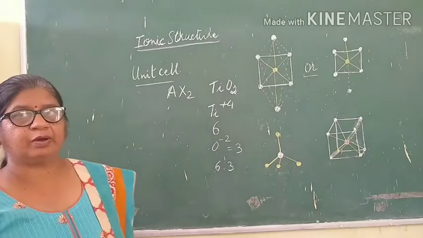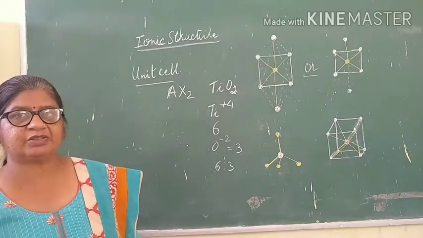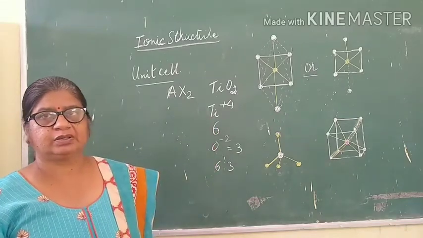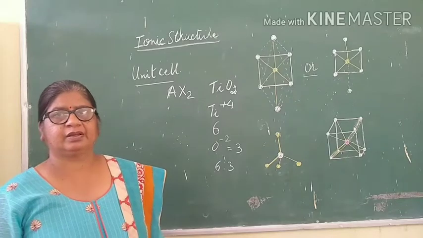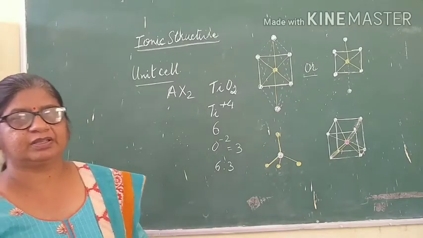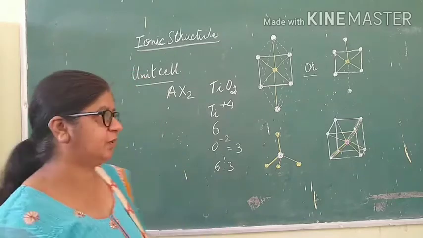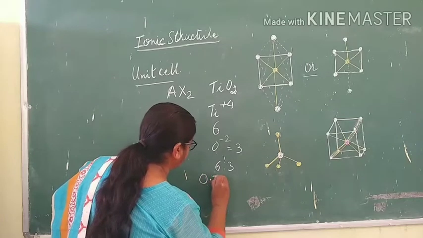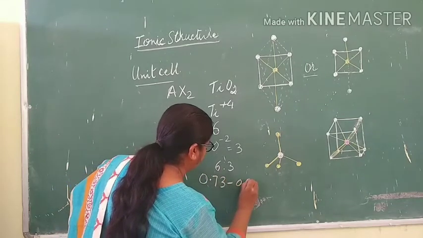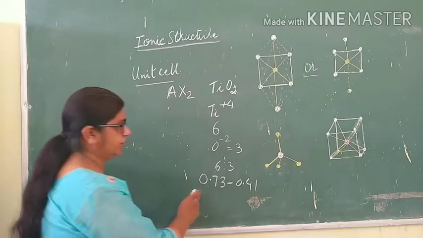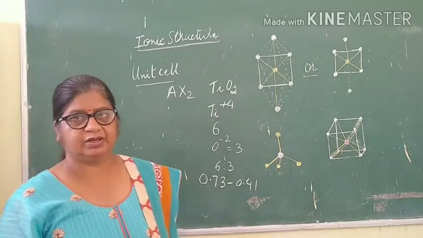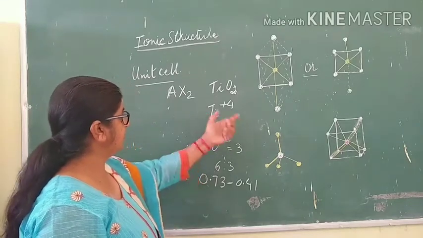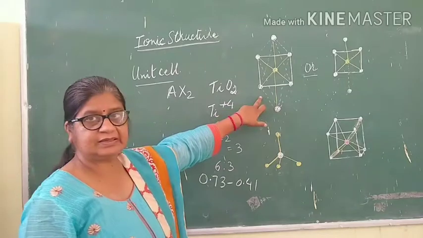In the titanium oxide molecule, the radius ratio for titanium is found to be between 0.73 and 0.41. The radius ratio lies in this range. For the titanium ion, the arrangement will be like this.